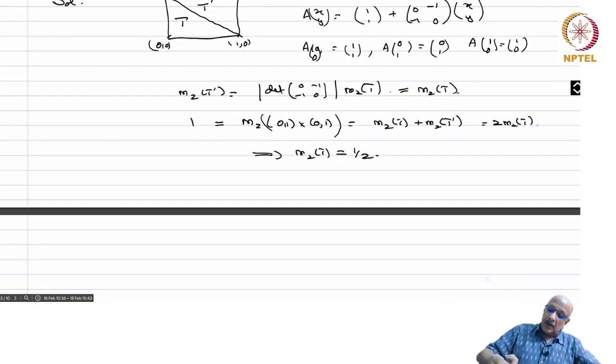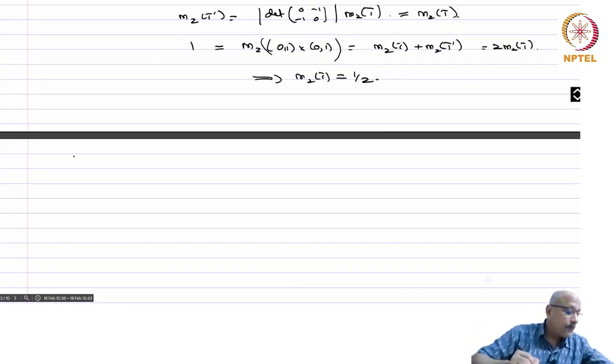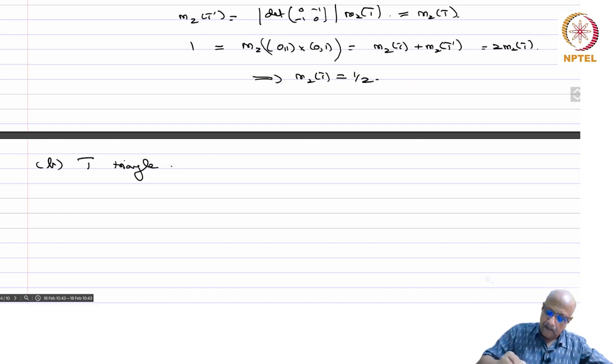Okay, so next, part B. T is a triangle with vertices (xi, yi), i equals 1, 2, 3.